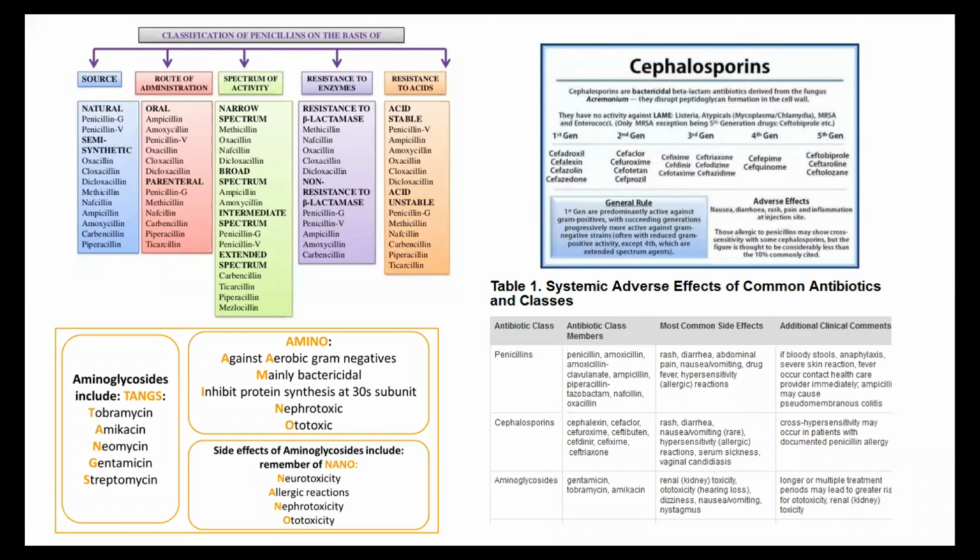Classification of penicillin: based on source, natural and semi-synthetic; based on route of administration, oral and parenteral; and based on spectrum, narrow spectrum are methicillin, oxacillin, dicloxacillin; broad spectrum are ampicillin, amoxicillin; intermediate are penicillin G and penicillin V; extended spectrum are carbenicillin, ticarcillin, piperacillin, and mezlocillin.